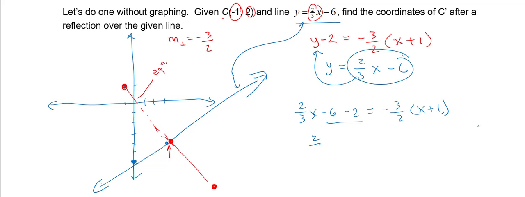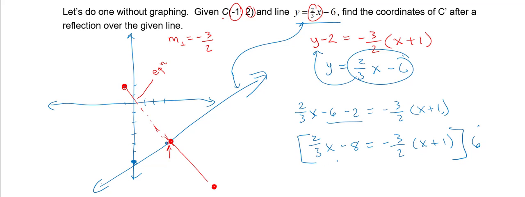So it's going to be 2/3 x minus 8 equals -3/2 x plus 1. Now the yucky thing about this equation is it's got all these fractions in it. So if I want to get rid of the fractions, I can multiply the entire equation. Now we did this a little bit earlier. Multiply the entire equation by 6.